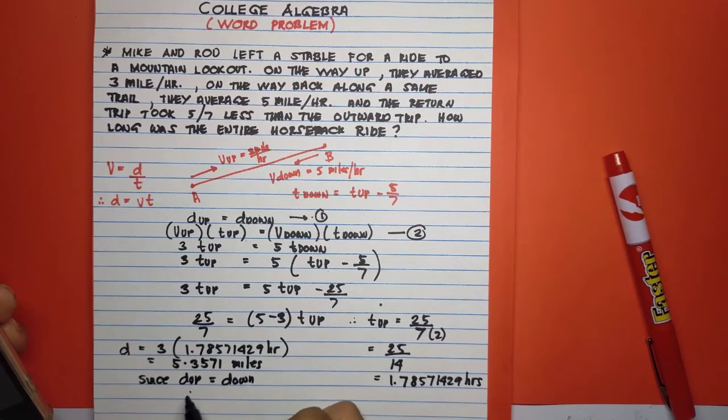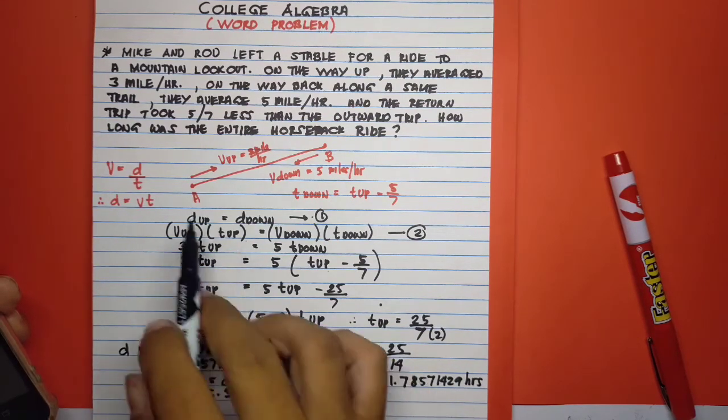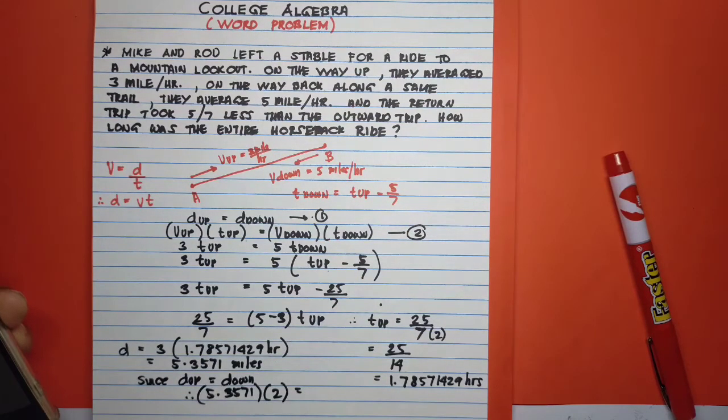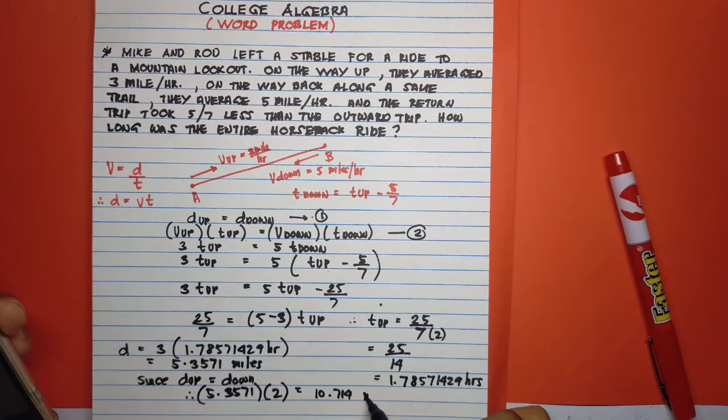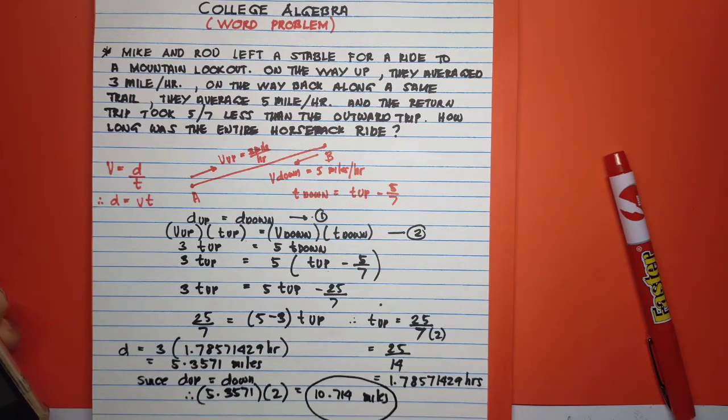So 5.3571 times 2. That's the entire horseback ride, 10.714 miles. Okay, thank you.